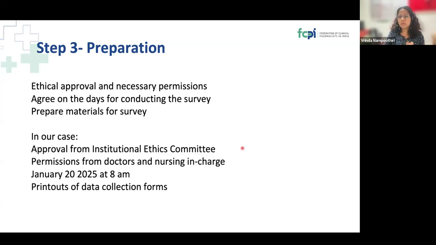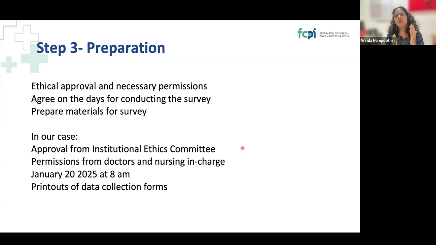Once you have the ethical approval in place, you have to meet the relevant or responsible doctors who are taking care of the patients in that ward, as well as the nursing in charges, and inform them of the point prevalence survey that you would be doing, on which date and at what time, and provide all the necessary details and get their permissions.